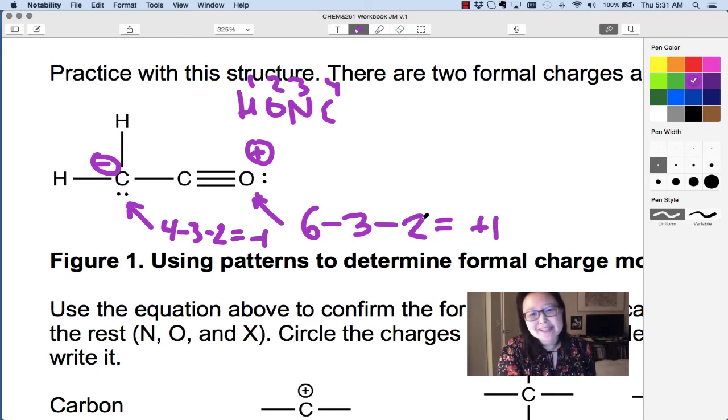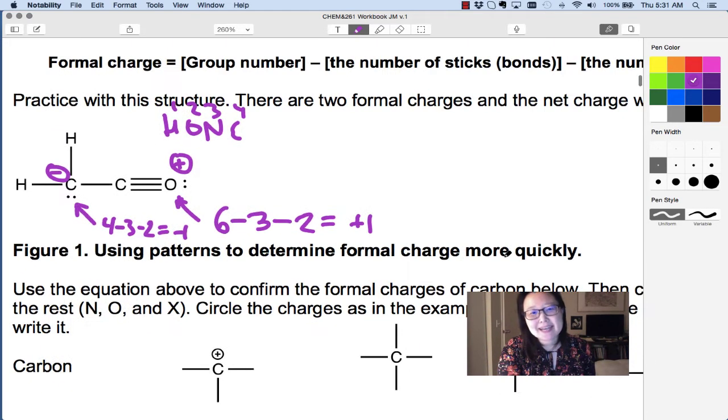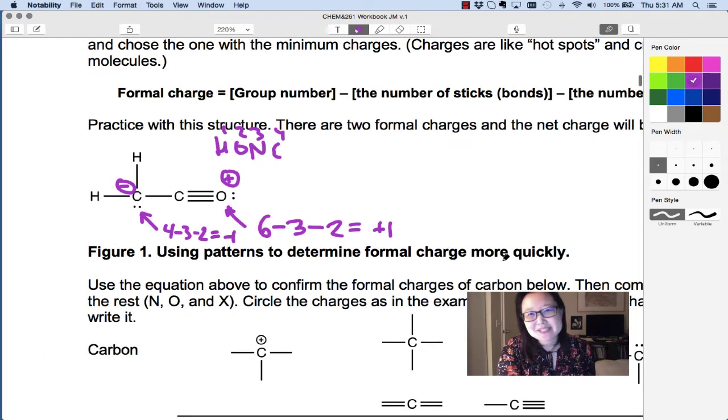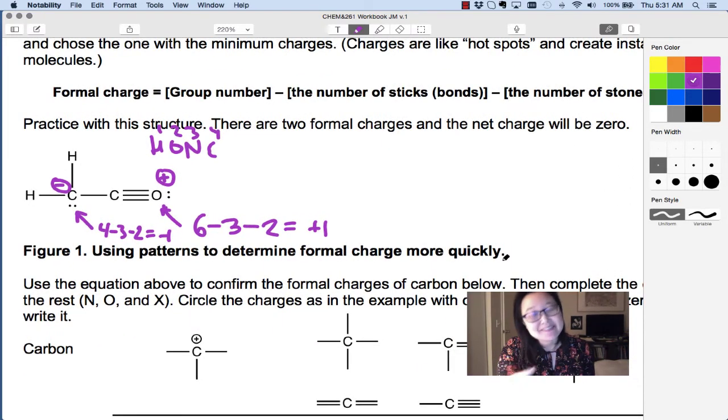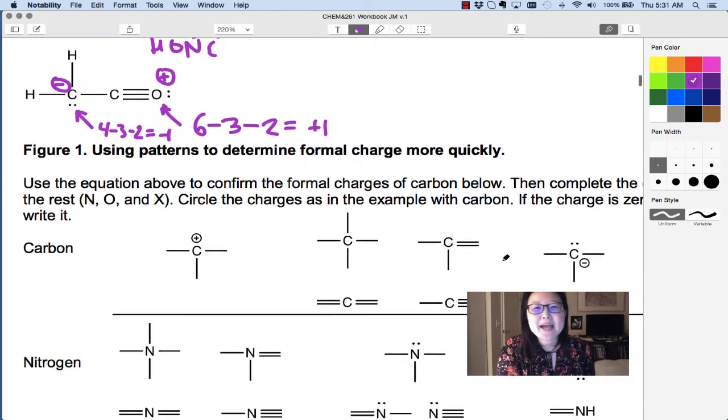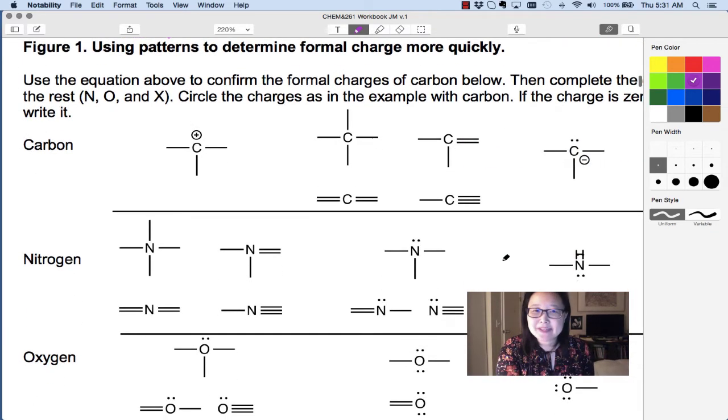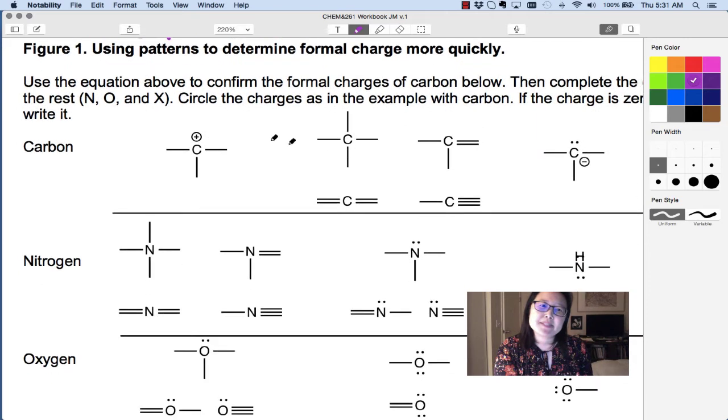Now, the calculation does take time, and you don't want to be in a situation where you have to calculate every single atom in a molecule that doesn't fit the honk rule. So I would look at these patterns that are very common. When you look at a molecule and, for example, you see carbon with 3 bonds and no stones, no lone pairs, it's going to be positive. If you see carbon with 4 bonds in any of these configurations, it's going to be neutral.